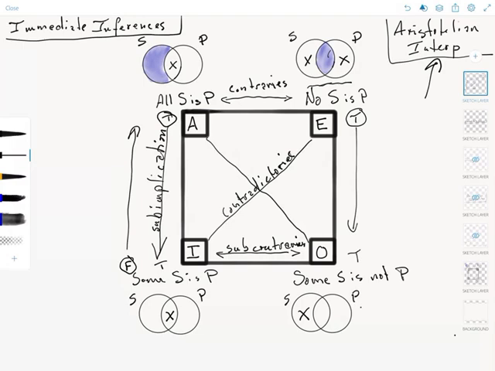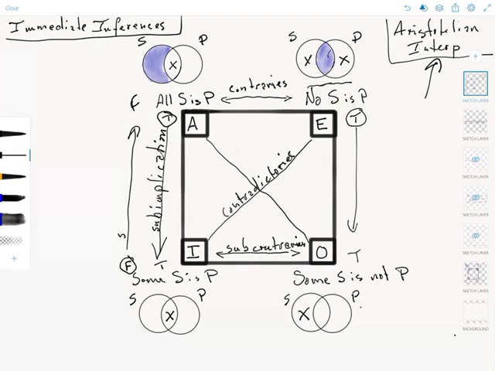But if the I is false, then what it means is that it's not the case that some S is P. And if it's not the case that some S is P, then it can't possibly be the case that all S is P. So if it's not the case that some S is P, then it means that no S is P. And if no S is P, it can't be true that all S is P. So it turns out that going up from particular to universal works if you start false and the inference goes to false, right?